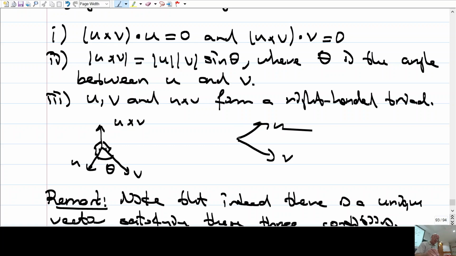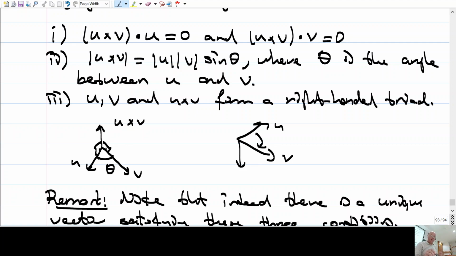So it is either in this direction or in this direction, because there is only one perpendicular line to this plane. The third condition tells us that they should form a right-handed triad. So as your fingers go from u to v, u cross v should be in the direction of your thumb. So u is this, v is this one. Therefore, u cross v should be in this direction. So I determined the direction of the vector u cross v.